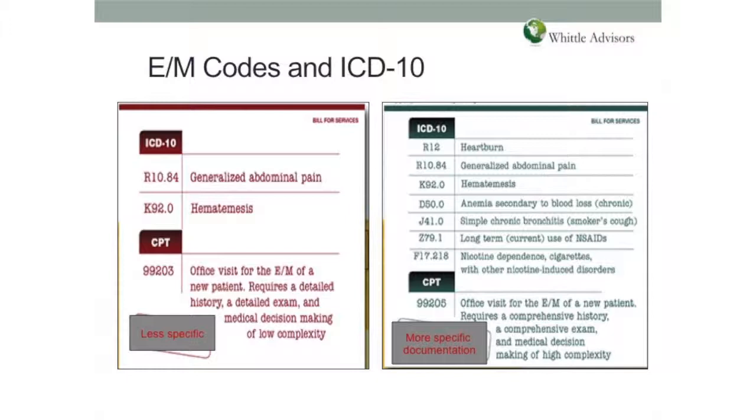There's a whole slew of these codes in I-10. And here, you'll see that we're able to bump the level of our code to a 99205. That's a much higher E&M level and should result in a higher reimbursement just by coding the detail that we've already gathered. Does this make sense?